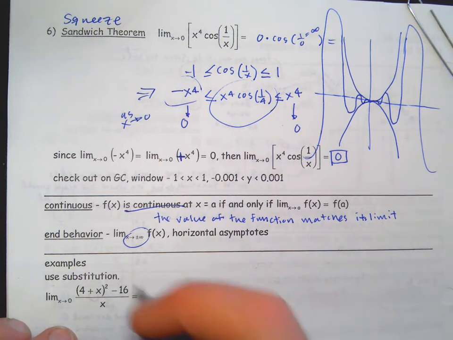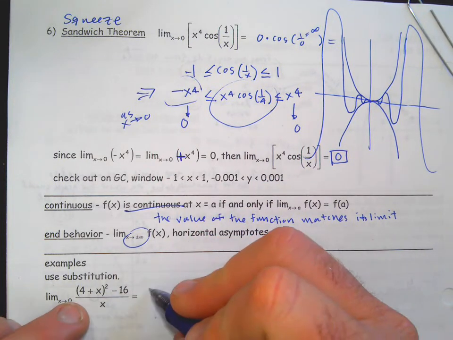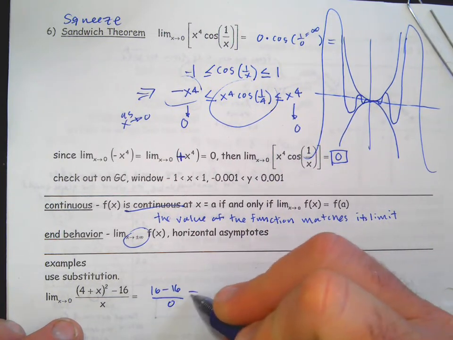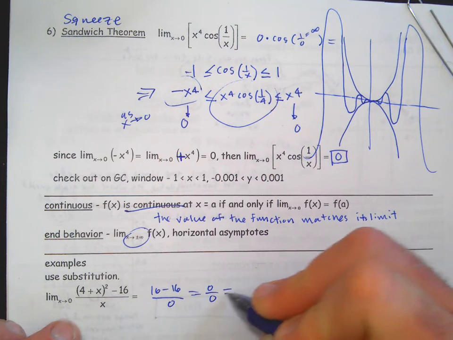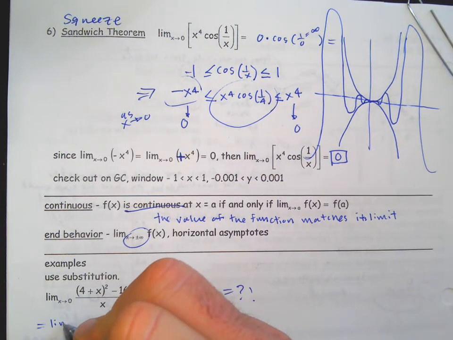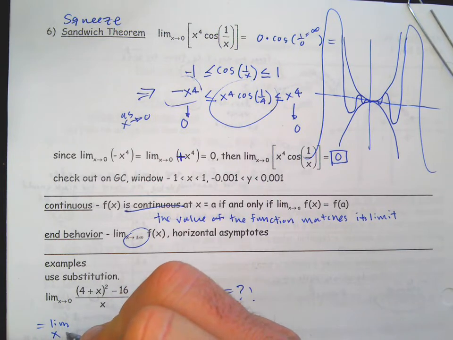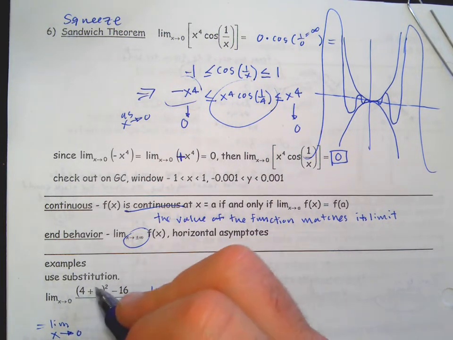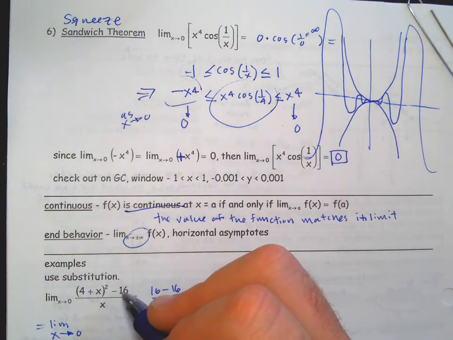So here's another example using substitution. If you plug 0 in, you get 16 minus 16 is 0 over 0, which is indeterminate, right? So what we're going to try is to see if we can identify the hole. So to do that, we're going to have to try and factor top and bottom.